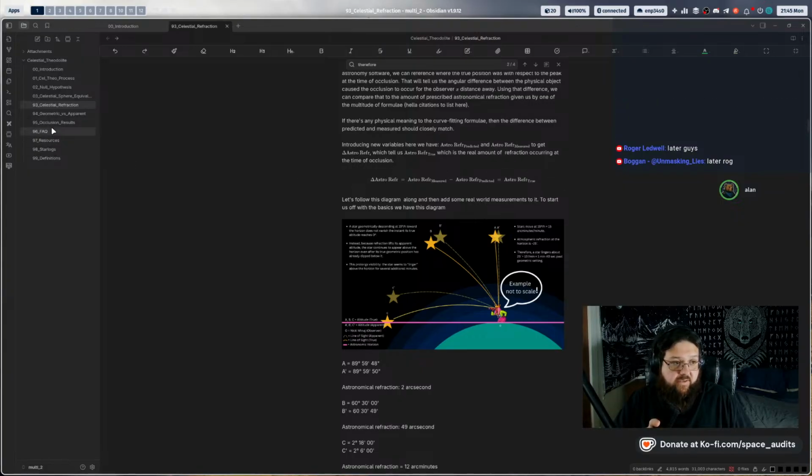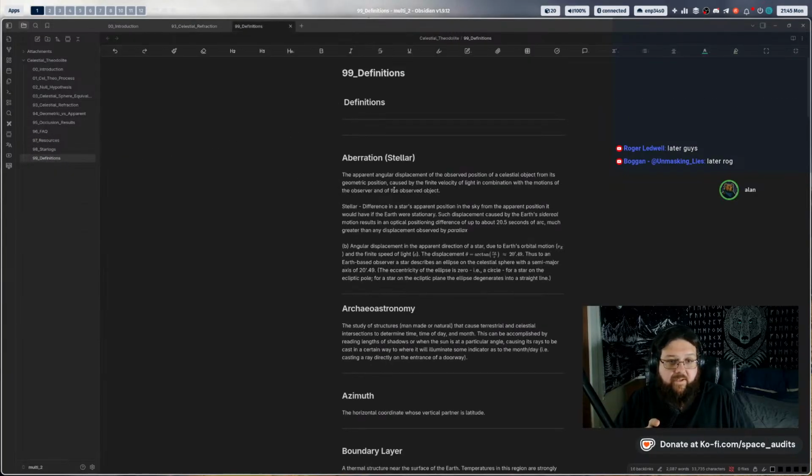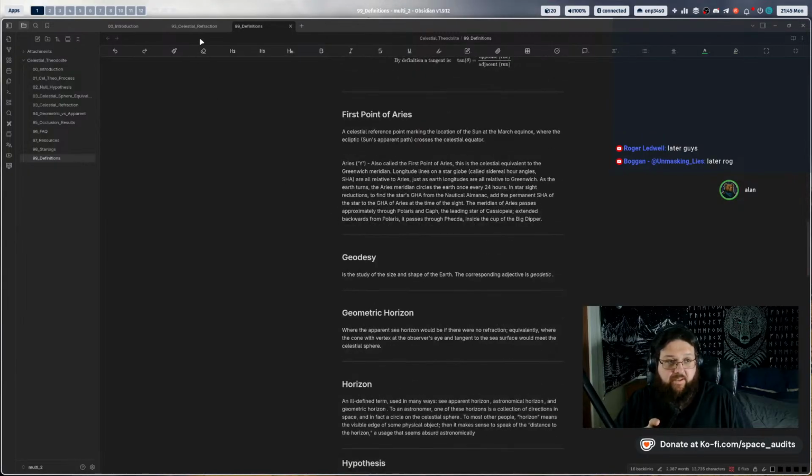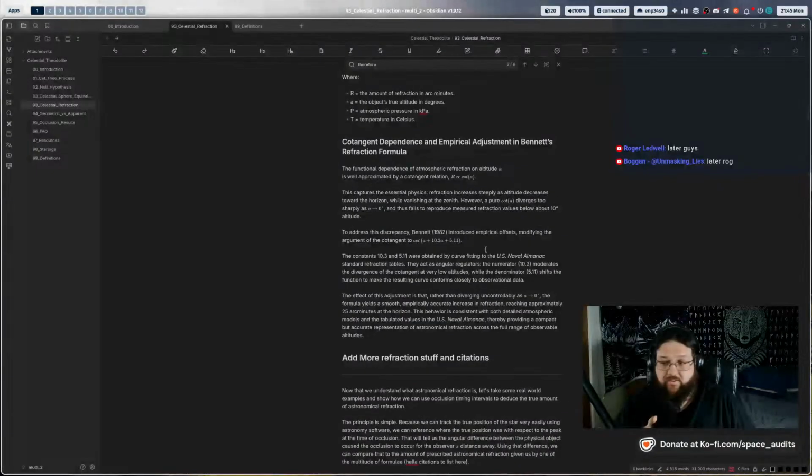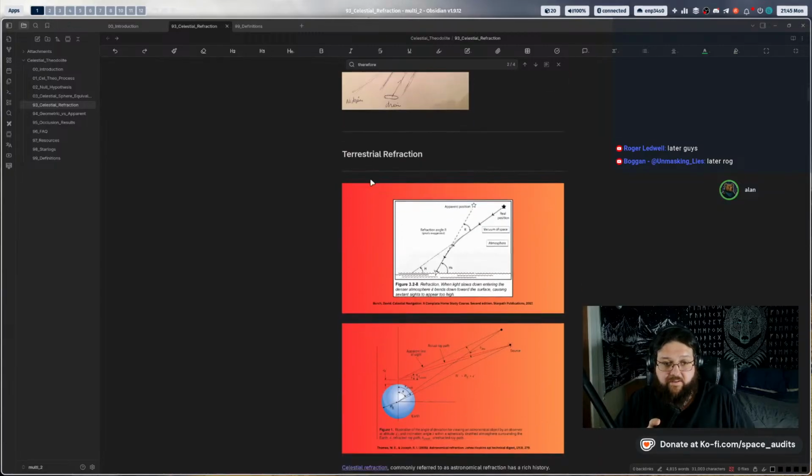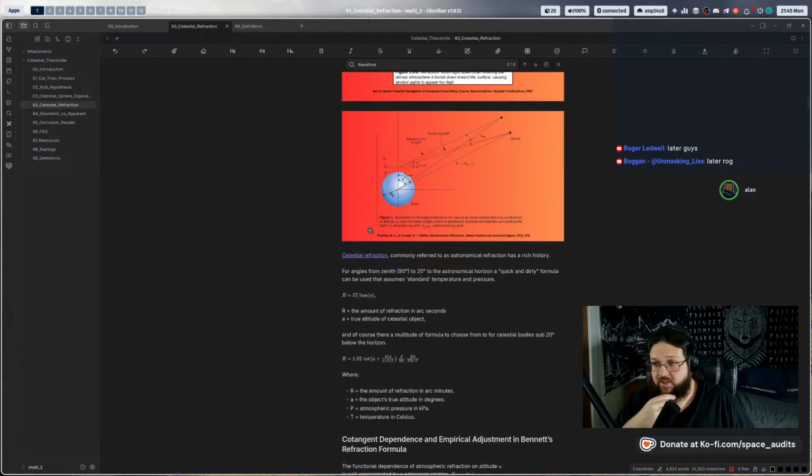We got a definitions tab I'm building for everything, so everything will be self-referenced within this. And then you could just come here and learn all about the celestial theodolite without having to watch endless hours of, what do you call it? Updates.